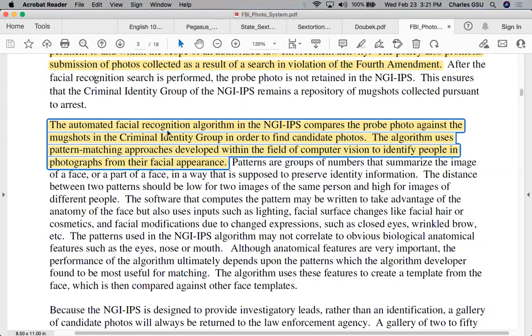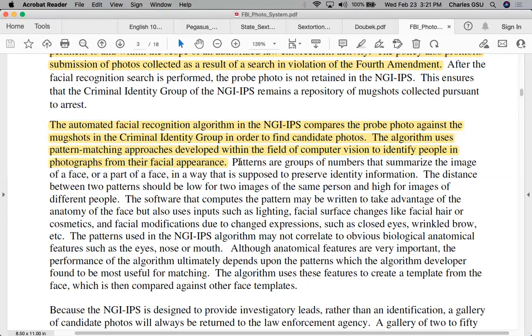The automated facial recognition algorithm in the NGI-IPS compares the probe photo against the mugshots in the criminal identity group in order to find candidate photos. The algorithm, again, not really humans, uses pattern matching approaches, a very vague description, developed within the field of computer vision to identify people in photographs and their facial appearance.